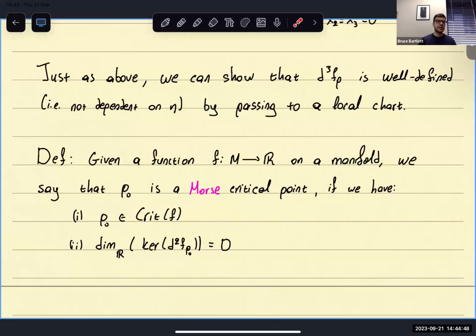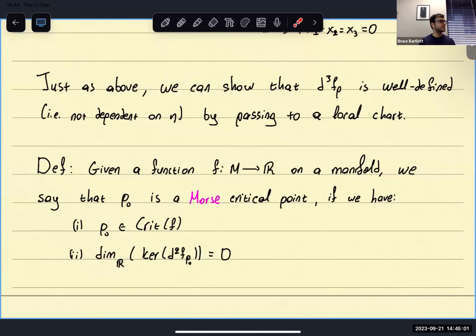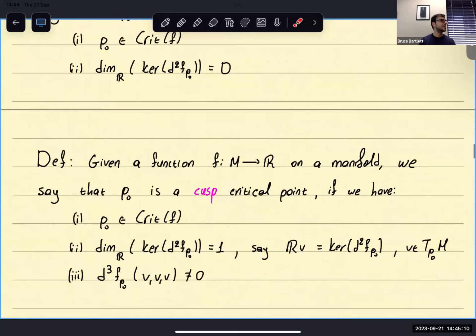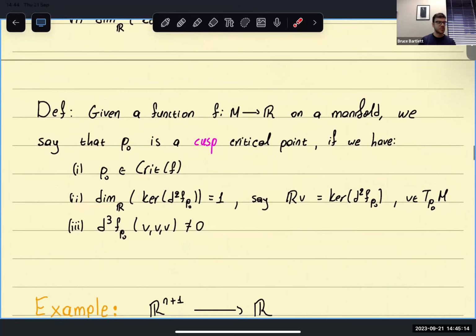So basically that's saying that the Hessian is non-singular. I mean, we did have a coordinate definition yesterday already, saying that it's transverse to the one jet. Yeah, we did. But this is going to be useful for the cusp. Exactly. That's why I didn't introduce it for the Morse critical points, but I think it helps more with the cusp.